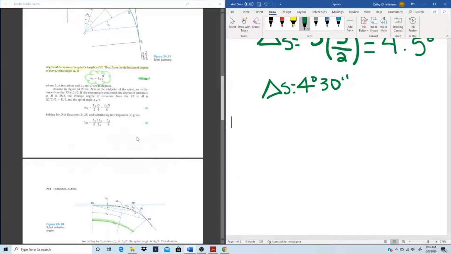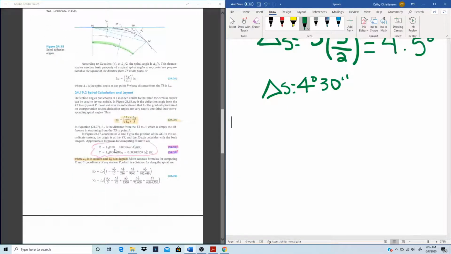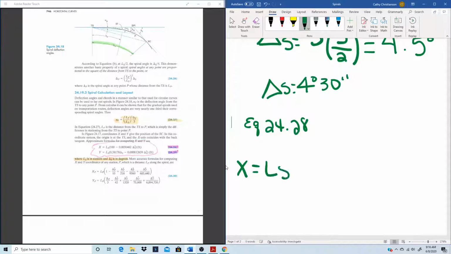So I'm going to go ahead and get the formula for x and write that in real quick. So we're going to be using equation 24.28, which will be x equals LS.